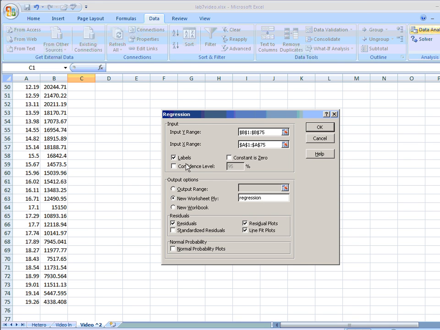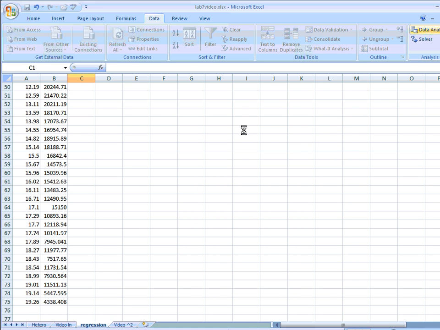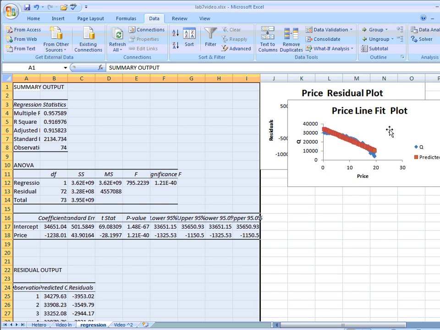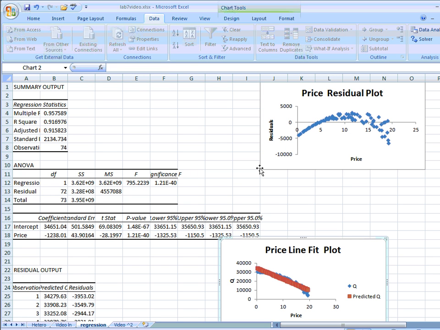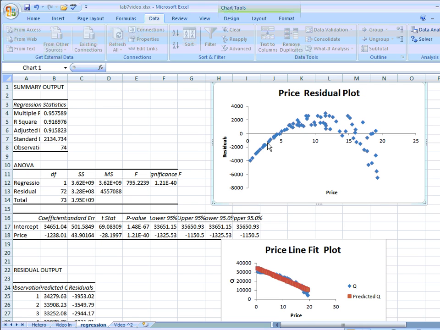Make sure that labels are clicked and you have all the plots. Notice, like last time, there is an inverted U pattern. Last time it was a U shape, this time it's an inverted U. Notice we also have a heteroscedasticity problem because the errors are close together here and far apart here.